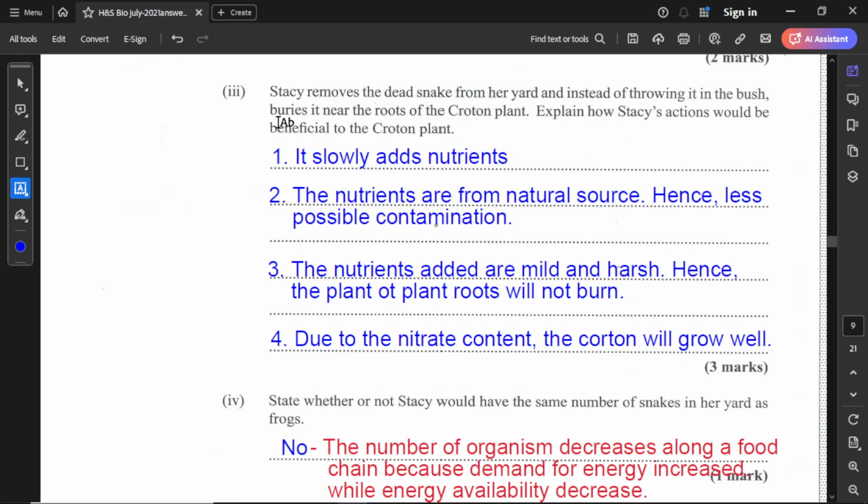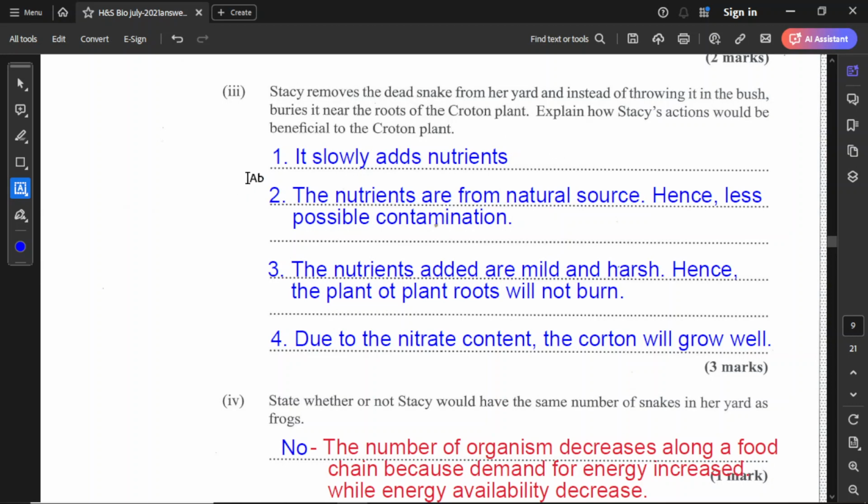All right, so part 3 is that Stacy removes the dead snake from her yard, and instead of throwing it into the bush, she buries it near the roots of the cotton plant. Explain how Stacy's action would be beneficial to the cotton plant.